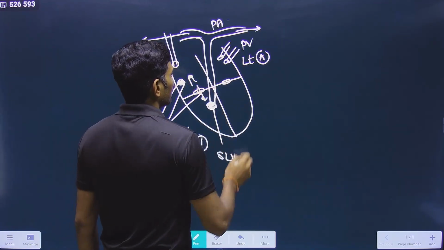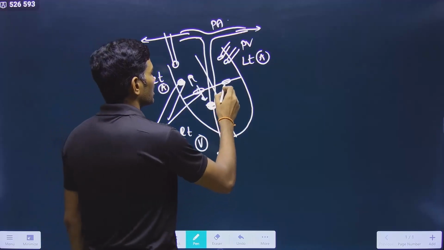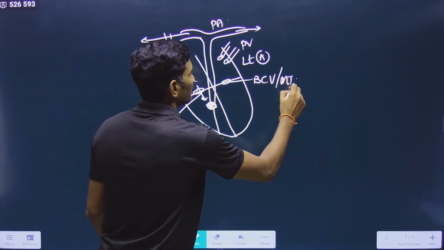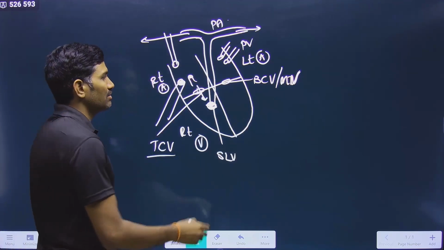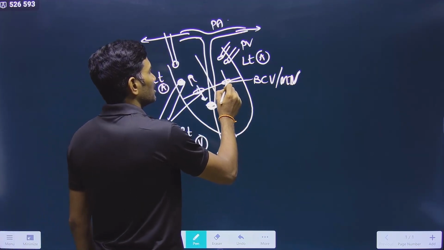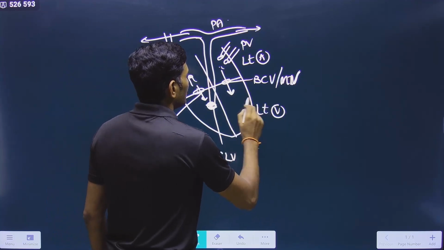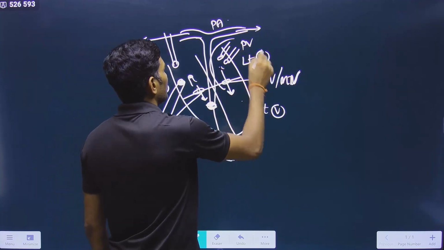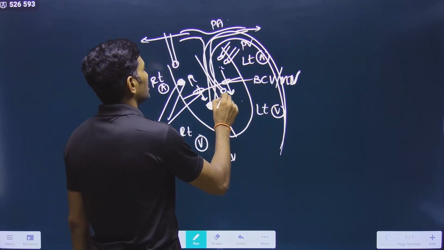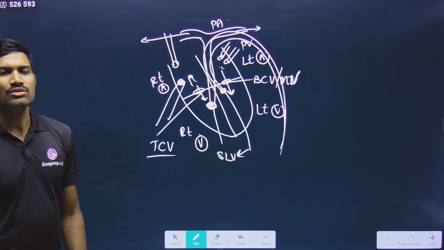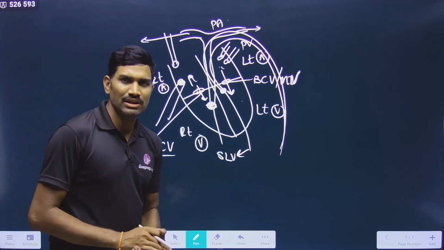And here there is a space, and this space is protected by the bicuspid valve, which is also called the mitral valve. So in this way, oxygenated blood from the left atrium is coming into the left ventricle. From the left ventricle, the aorta will come, and at the beginning of this aorta, it has semilunar valves. So in this way, we have studied some information regarding the valves.